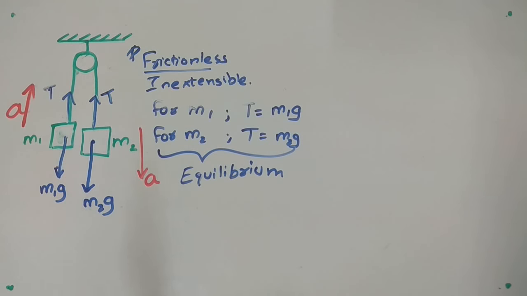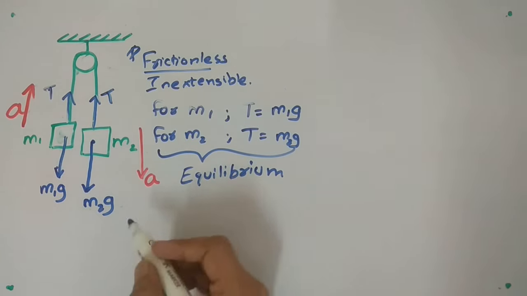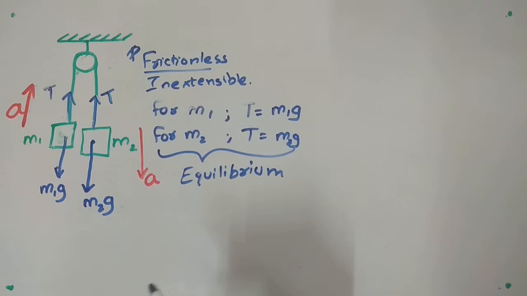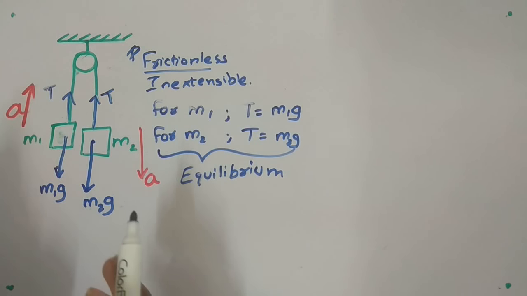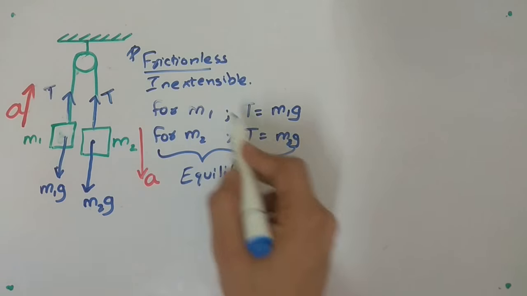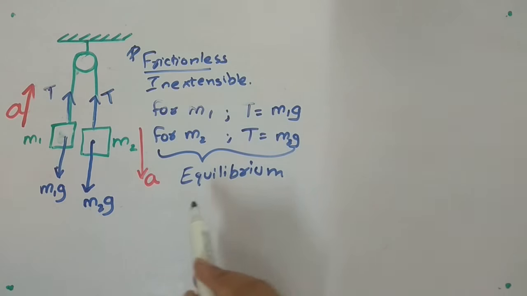Don't worry about the direction. Even if in the question your predicted direction is wrong, then your answer will be negative. So just convert it to positive, and then you will know that okay, the direction was opposite to the one we have assumed. So now let's again focus on this, that this equation stands valid only if the system is at equilibrium.